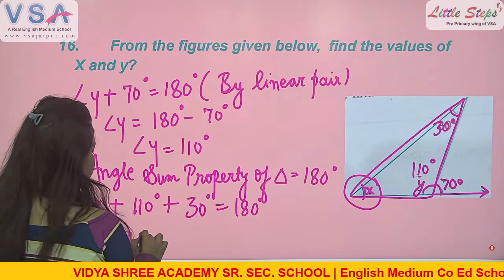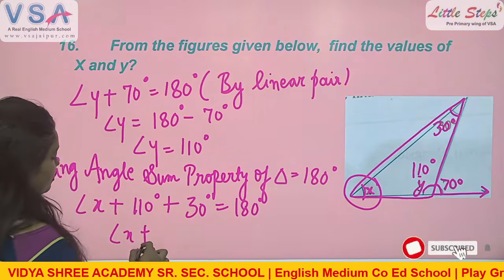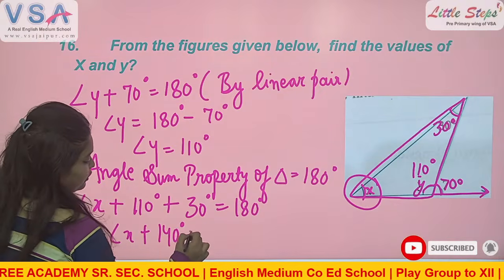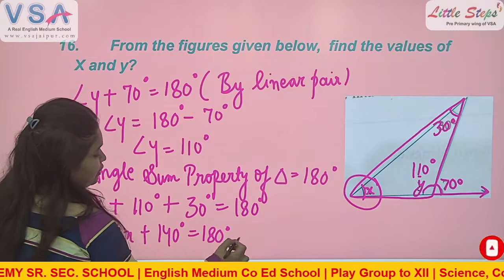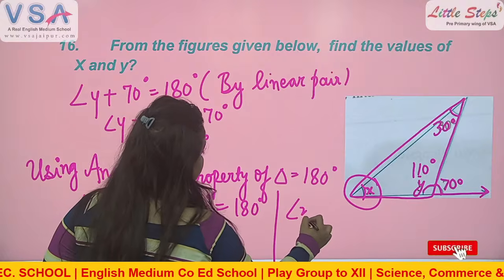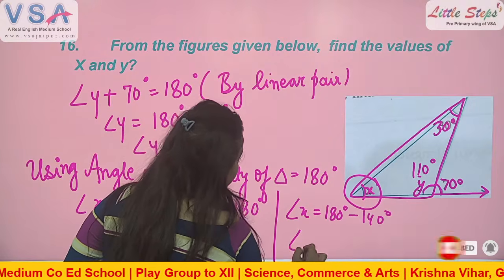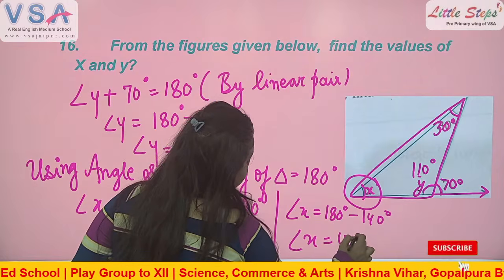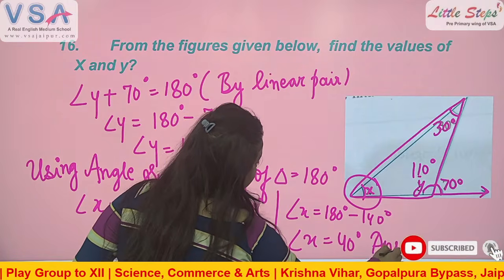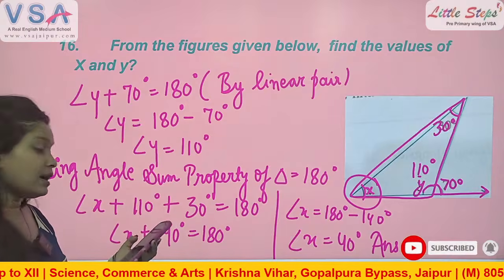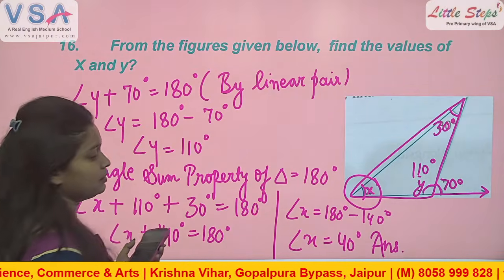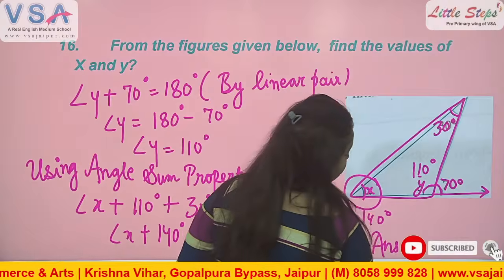Angle x plus 140 degree is equals to 180 degree. What we will do? Angle x is equals to 180 degree minus 140 degree. तो angle x की वैल्यू कितनी आ गई? 40 degree. Clear? These are the most important questions of your all chapters that coming in SA2.